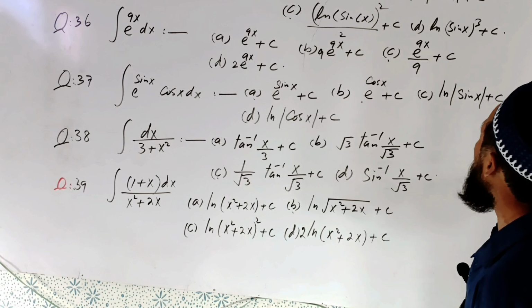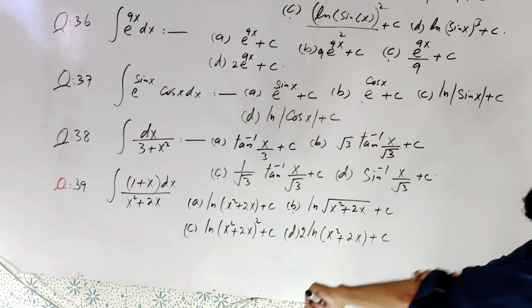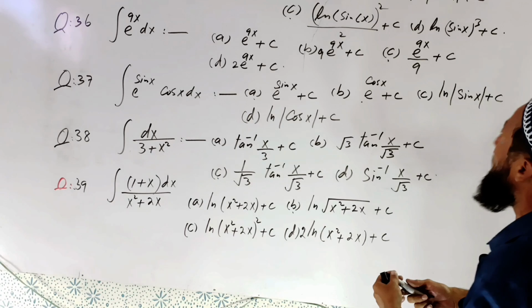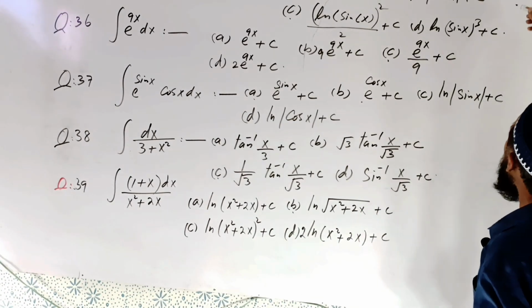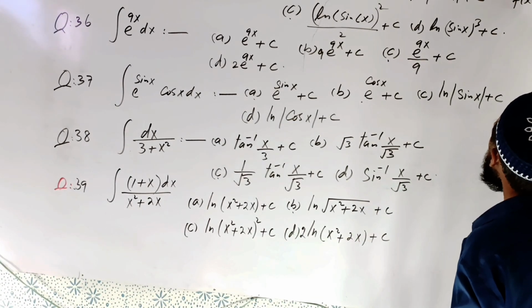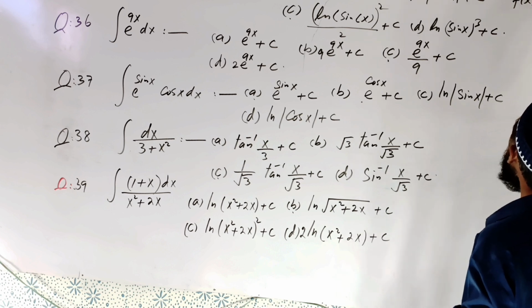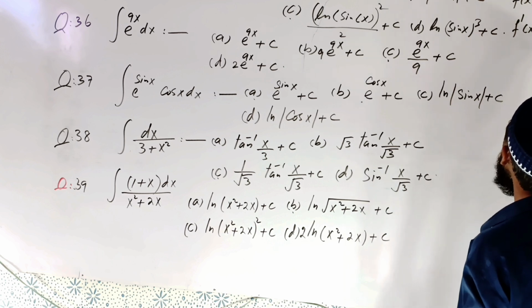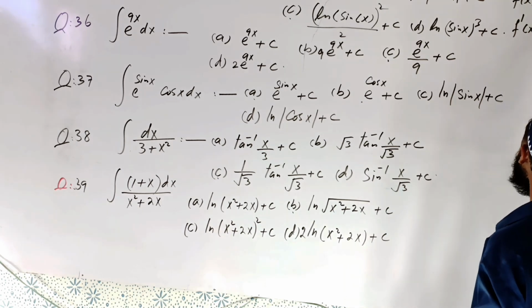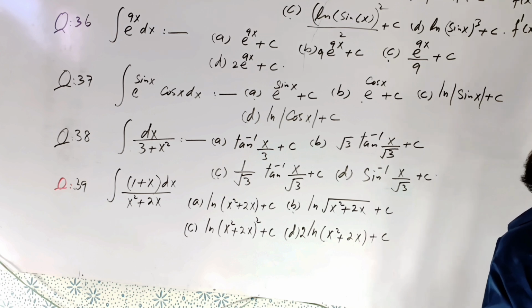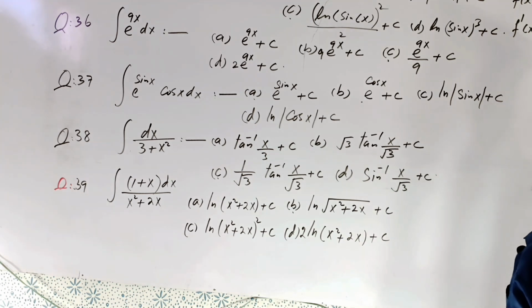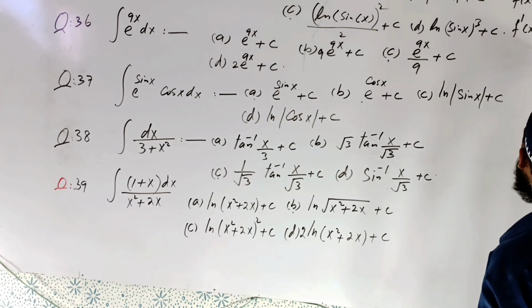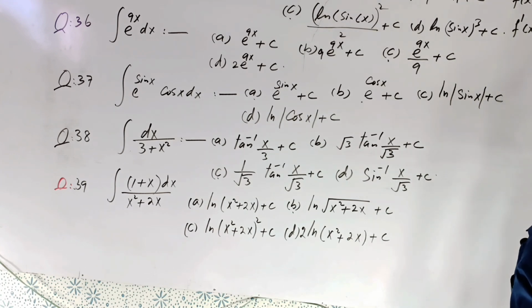For the integral of log of sin x times cot x dx, what is the result? According to the rule, let us suppose that log of sin x is equal to f of x. If we take the derivative of log of sin x, log of sin is 1 over sin x, and further the derivative of sin x, so the result will be cos x divided by sin x.